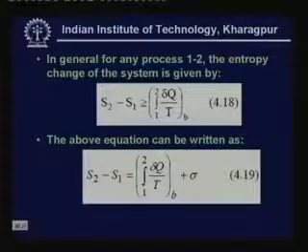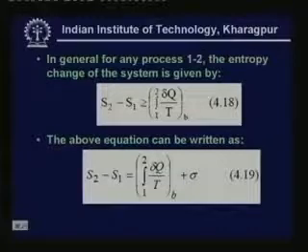And in general, for any process, that means for reversible as well as irreversible processes, you can write what is known as an entropy balance equation, for example equation 4.18, where the entropy change S2 minus S1 will always be greater than or equal to the integral of δQ/T evaluated at the boundary.